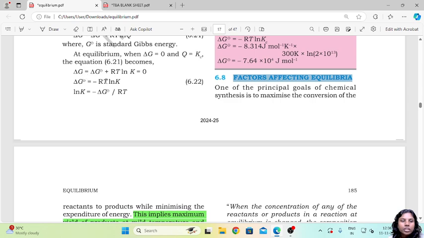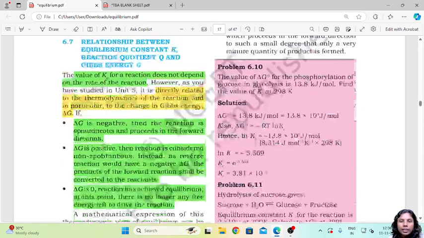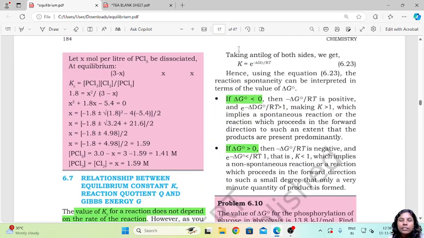If we rearrange, this RT will go into the denominator, because here it is in multiplication form. So, ln K equals minus delta G naught upon RT. Hence, if we take the anti-log on both sides, we will get K equals e raised to minus delta G naught upon RT.